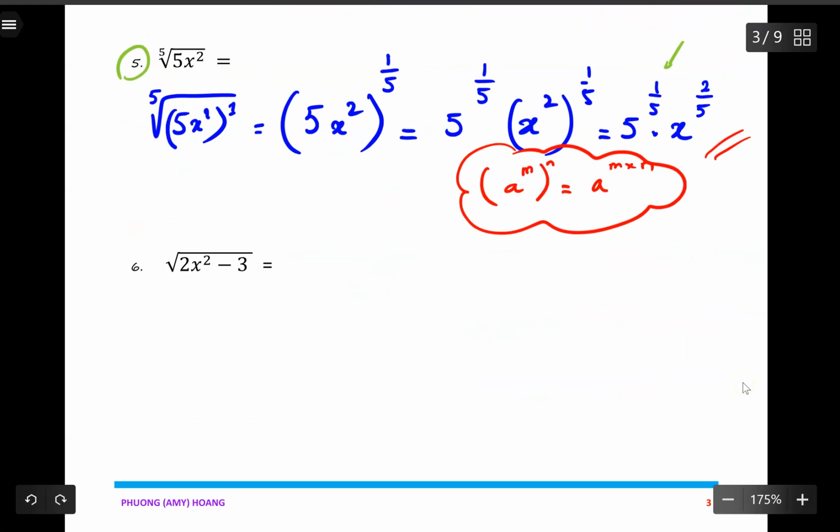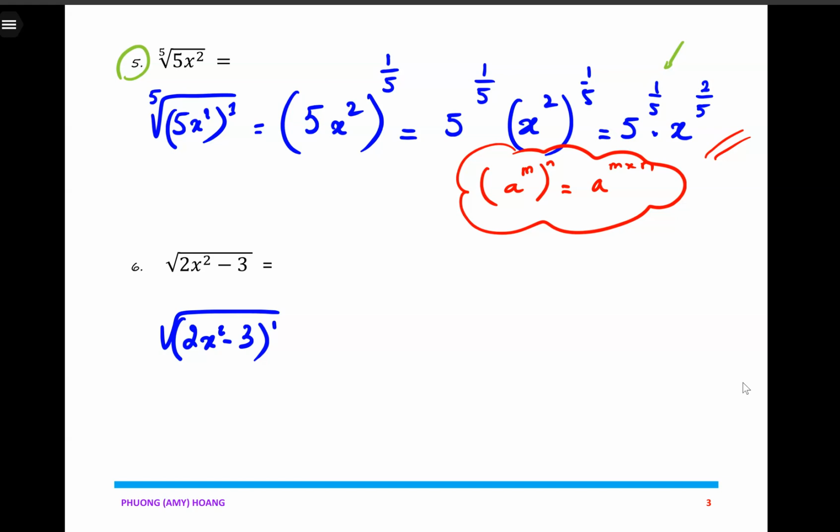Okay, so now we'll move on to number 6. This is pretty simple. Everyone probably knows that already before I say anything. Just to clarify, I will have 2x squared minus 3, all of it to the exponent 1.